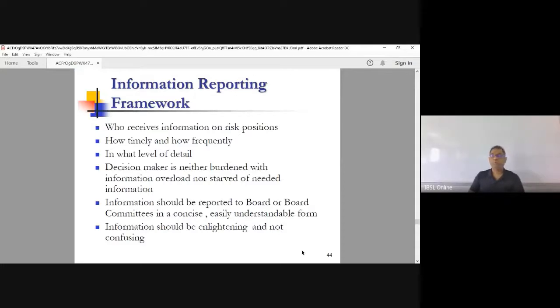And most often, at least in my organization, these reports are shared well ahead of time so that people actually read it before they come for the meeting. So it's taken that it's read. But even then, it has to be in a very concise manner so that they come prepared, having read something with all the other reports they have to read, they read that also and say, okay, fine, I'm ready now. I know what you're talking about. But the reporting has to be very, very well done.